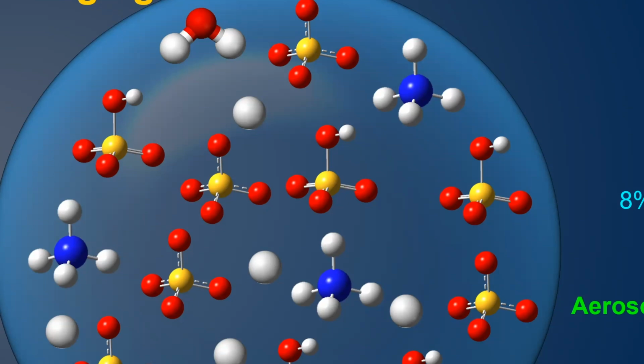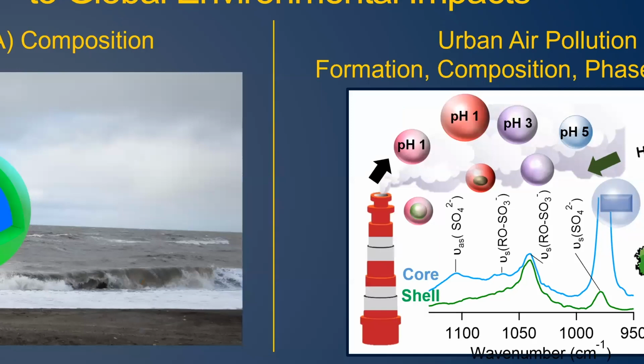So I'm just going to tell you 3 little examples of the kind of research that we do in my group today, as well as how we use microspectroscopy techniques to try to learn more about them. So first, I'll tell you a little bit about a recent paper we had in ACS Measurement Au from the American Chemical Society, where we looked at sea spray aerosol composition, both inorganic covalently bonded molecules as well as the organic species present.